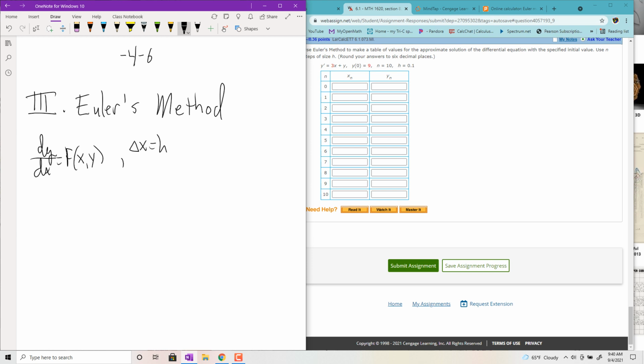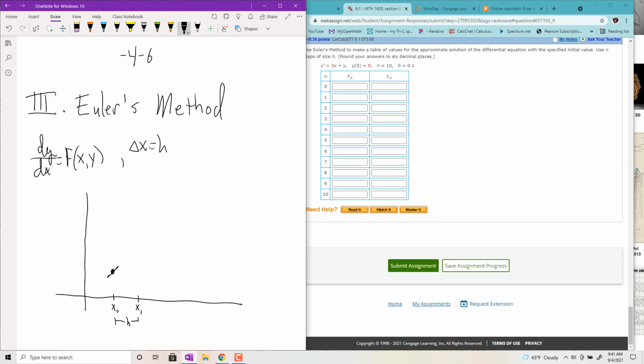And what you're doing is using the differential equation. So you're going to have an initial value, so maybe like right here. You'll plop that initial value into the differential equation, and it'll give you one of those little slope marks like we were just producing. Then you use that slope mark to go from the first x value to the second x value, and that distance is fixed, right?